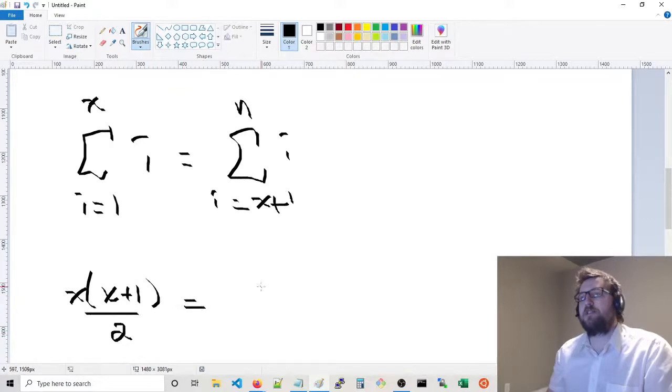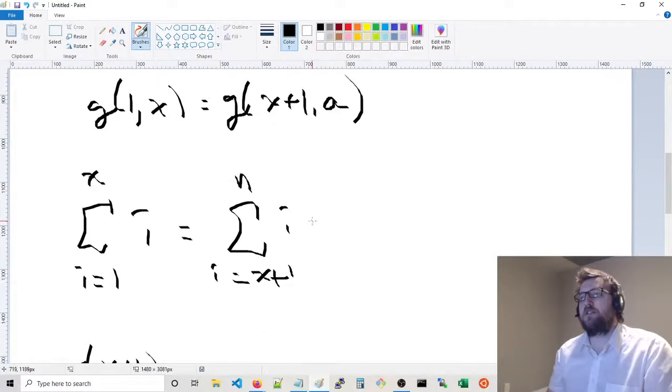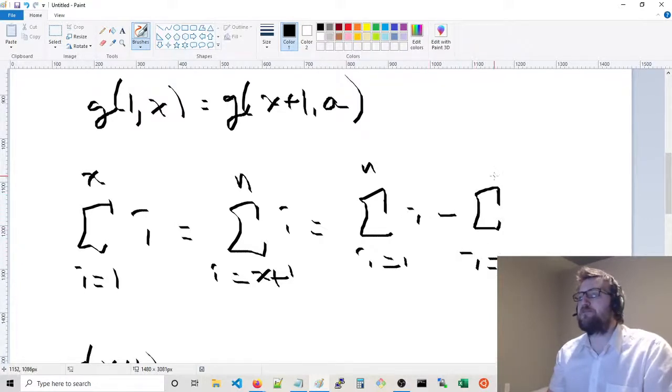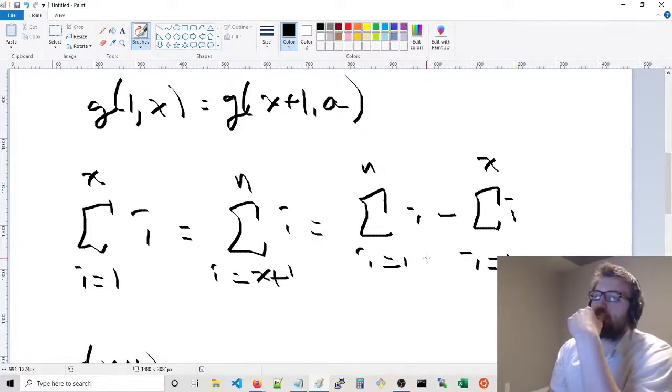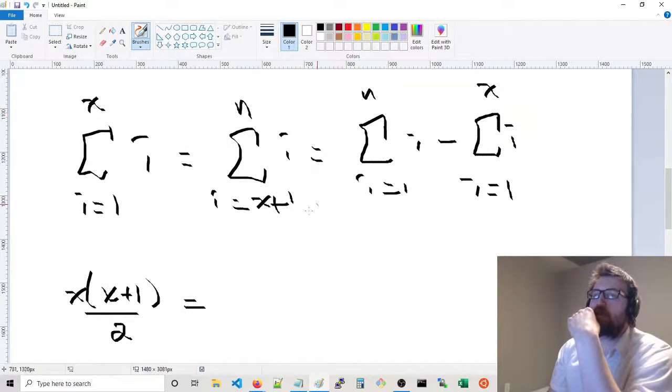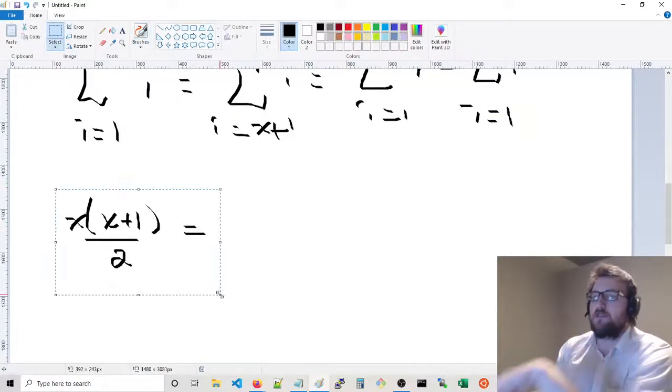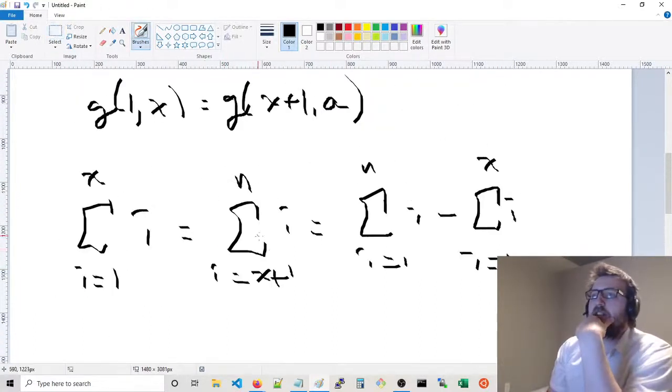And this is the sum of i equals 1 to n of i minus the sum of i equals 1 to x of i. Is that right? I think so, yeah. Actually, that's exactly correct. So that's kind of interesting. Did I do that correctly?